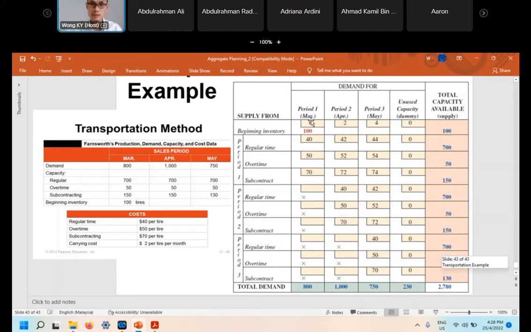So after this cell, which cell has the lowest cost? This cell, right? Okay, so you have to ask yourself, can I assign any quantities over here? Any production quantities or any inventories over here? Okay, anyone can answer?